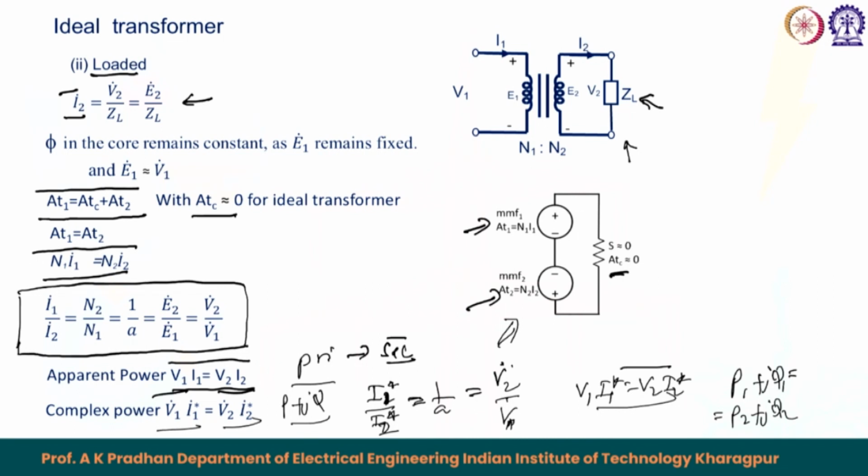So from the loaded condition we conclude that for an ideal transformer I1 upon I2 equals 1 by A, and that equals V2 upon V1, and the complex power in the secondary, P2 plus jQ2, equals the power in the primary, P1 plus jQ1, where P1 plus jQ1 is V1 I1 conjugate, and P2 plus jQ2 is V2 I2 conjugate.